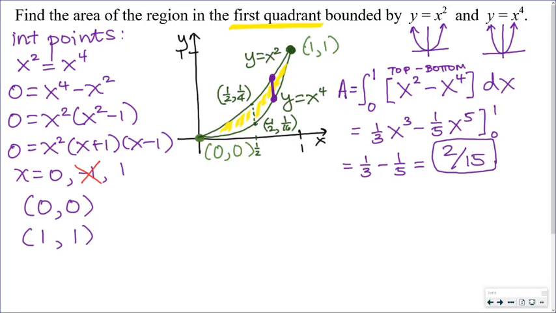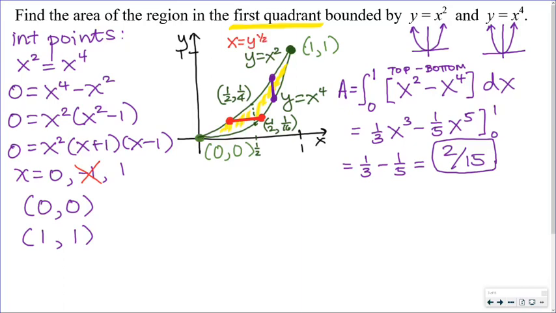Now, I also could do this in terms of y. And what I mean is, if you think about splitting our yellow region up into rectangles, I could slice sideways as well, and that would be a perfectly acceptable way to do the problem. Now, if I do everything in y's, then I have to think of this parabola as x equals y to the 1/2.